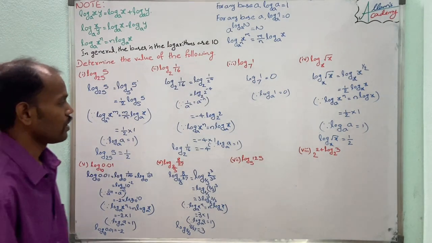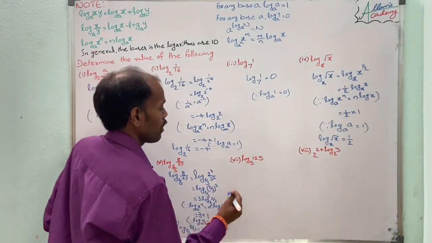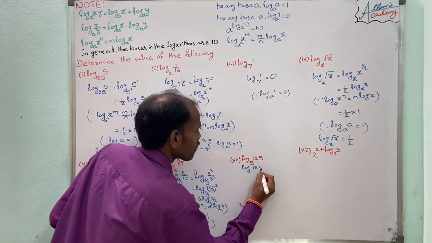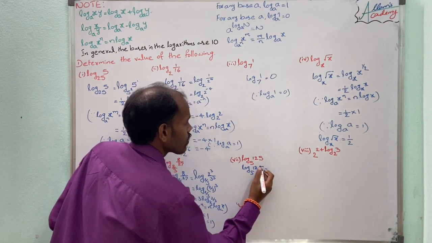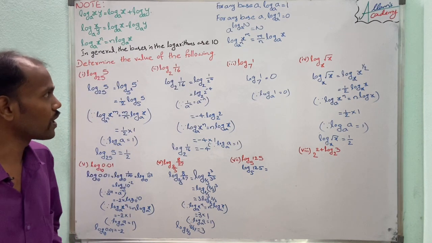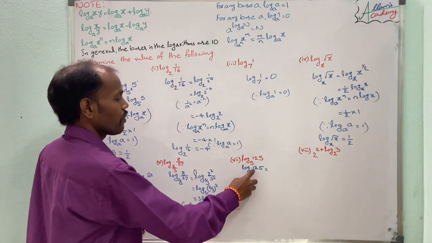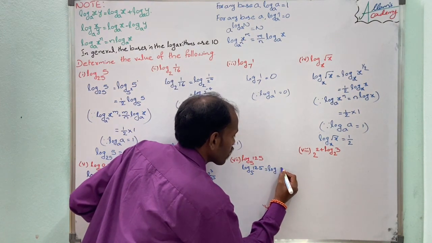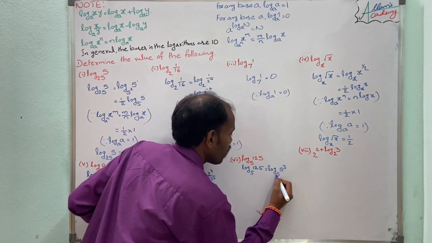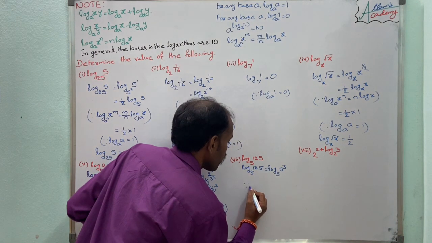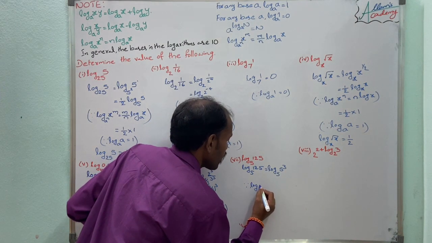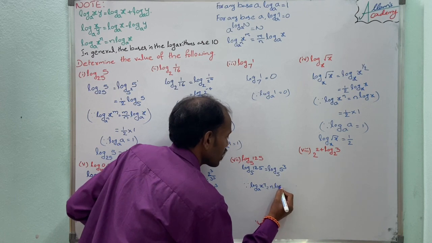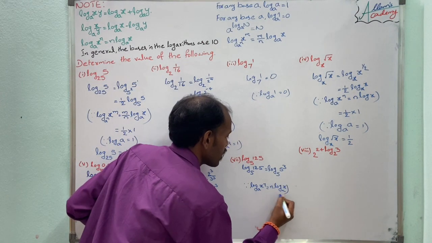Next, log 125 base 5. Now this 125 can be expressed as 5 power 3, so 5 cube equals 125. Now it is in the form of log x power n base a, that is nothing but n into log x base a.